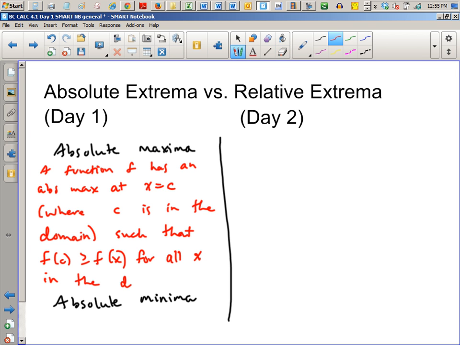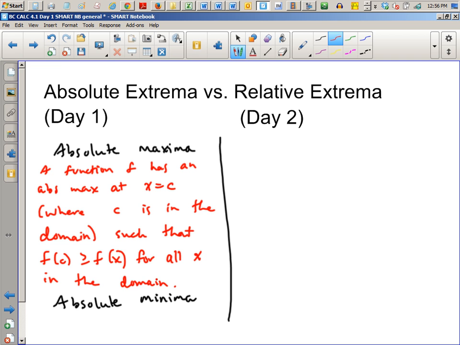Okay? So yes, it's a sentence. All it really means is that c is like the highest point on the graph if all the others are below it. That's all it's saying. It's really a very simple idea. But it seems kind of fancy to write it this way.